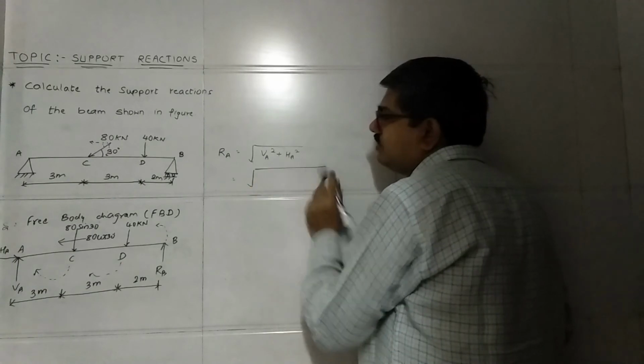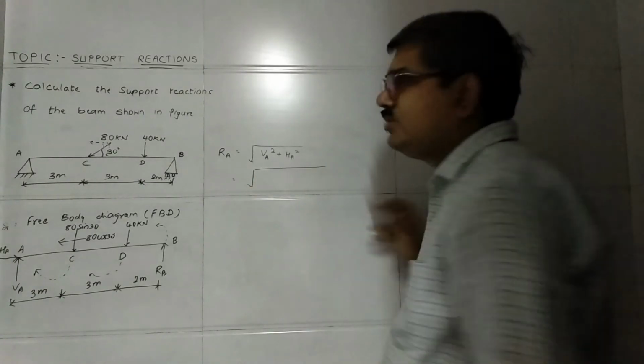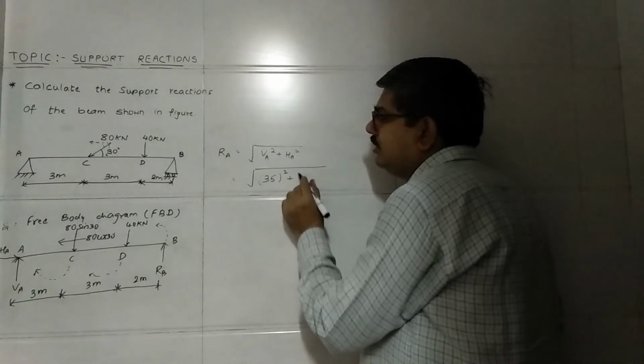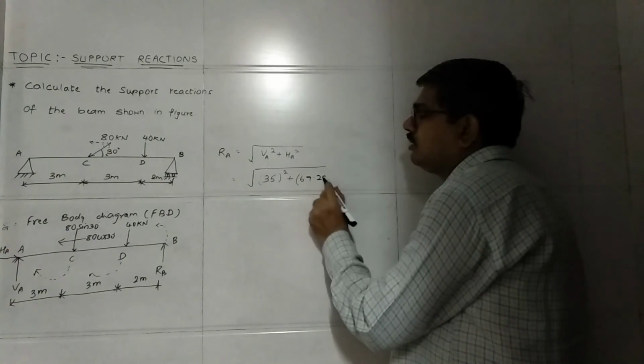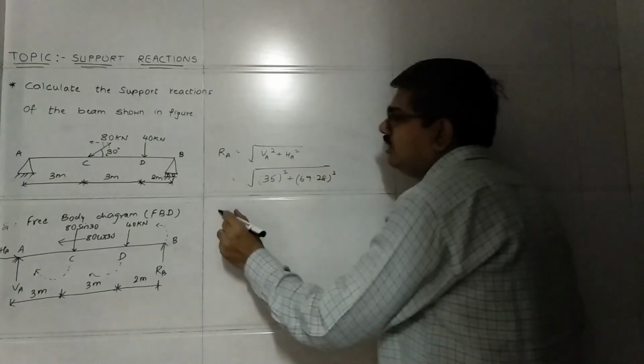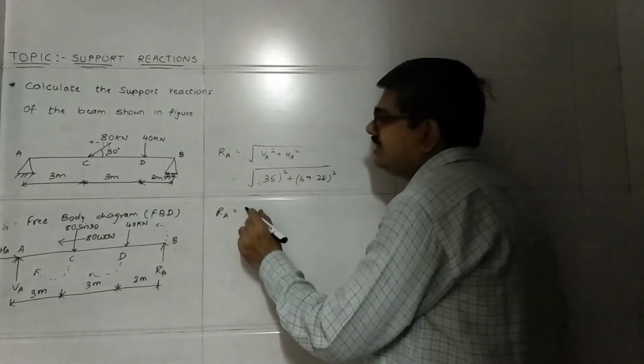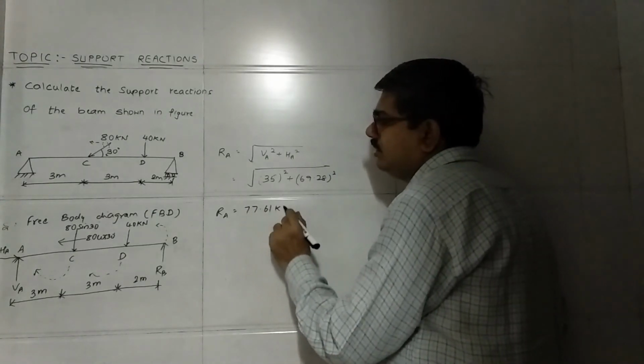That is equal to square root of, how much we got the value of VA? 35. So 35 square plus HA 69.28 square. On solving this, you will get RA is equal to 77.61 kilonewtons.